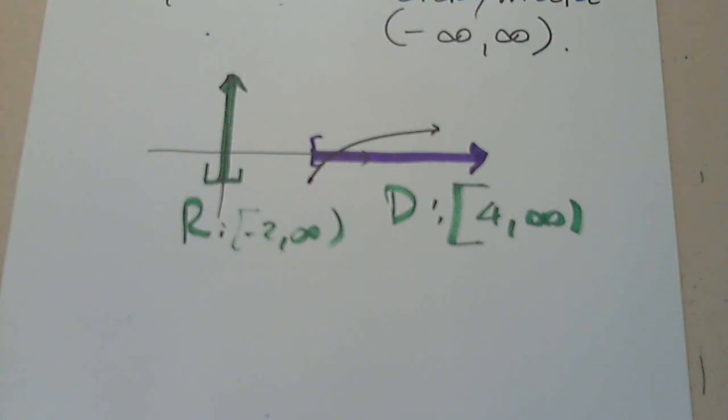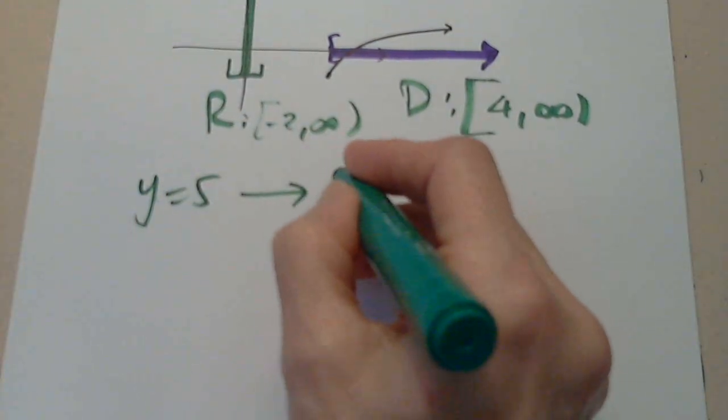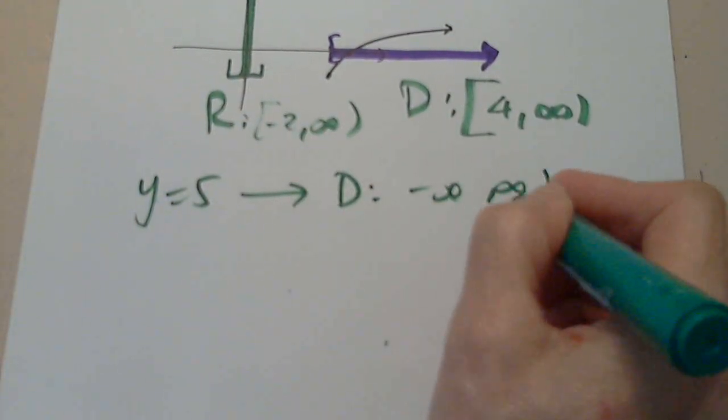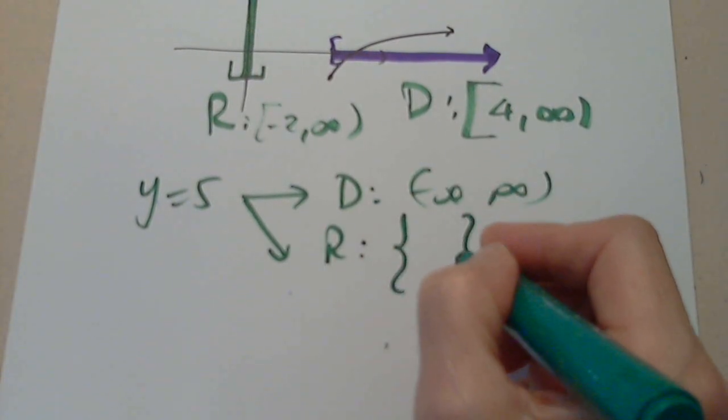What is the domain of this function? Negative infinity to infinity. What is the range? The range is only one number, 5. So for the line y equals 5, the domain is all real numbers, but the range is only one number.